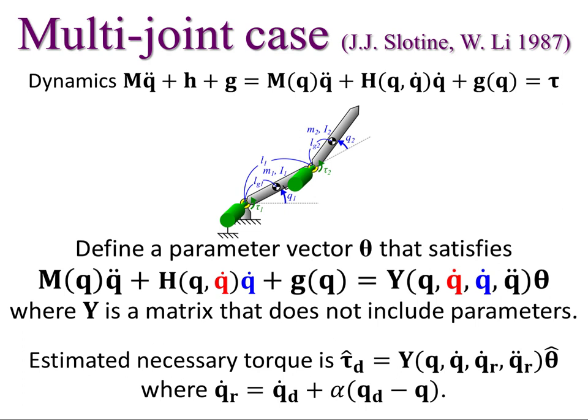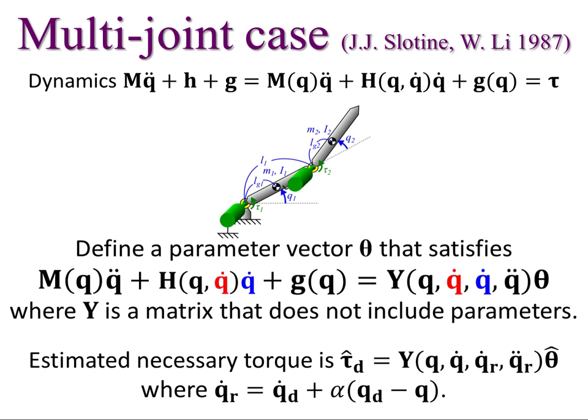However, the second velocity vector q dot in the matrix Y has been replaced by qr dot. This qr dot is the desired angular velocity vector qd dot plus the joint angle error qd minus q multiplied by a positive constant alpha. The q2 dot in the matrix Y is also replaced by qr2 dot.